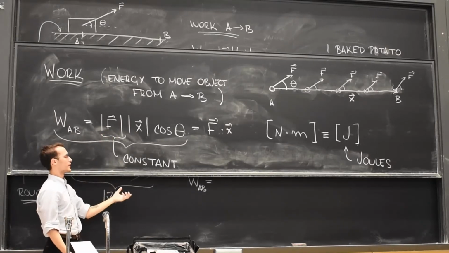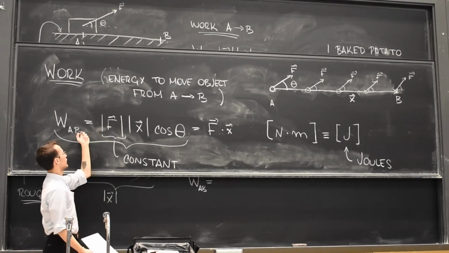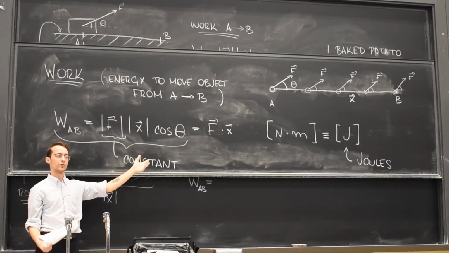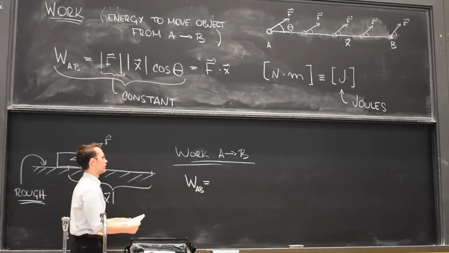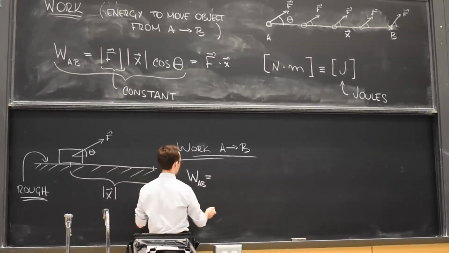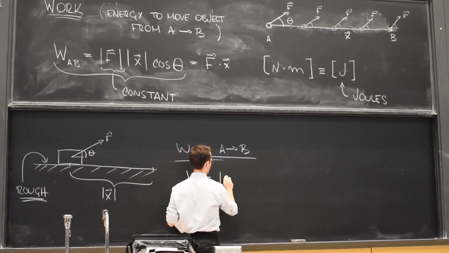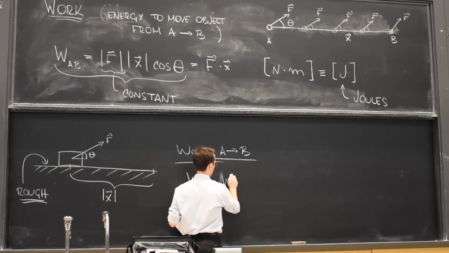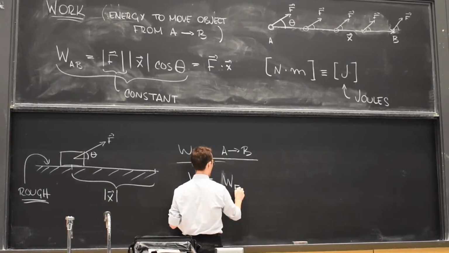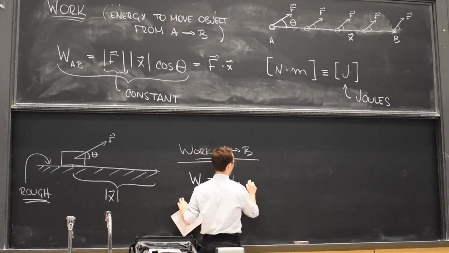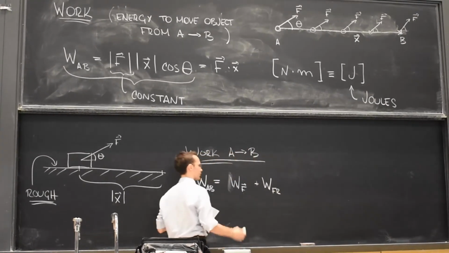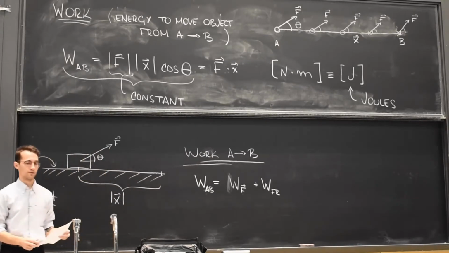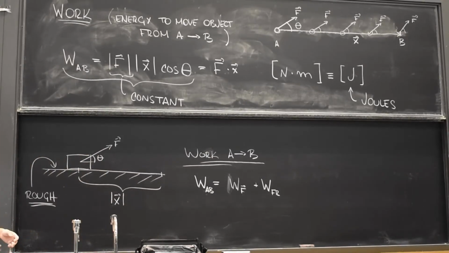So the net force will be the net amount of work, or you can just calculate the amount of work done by each individual force and add them together. That is to say, the work to go from A to B is equal to the work done by your force F plus the work done by friction, right? Because friction is also applying some sort of force to your block.